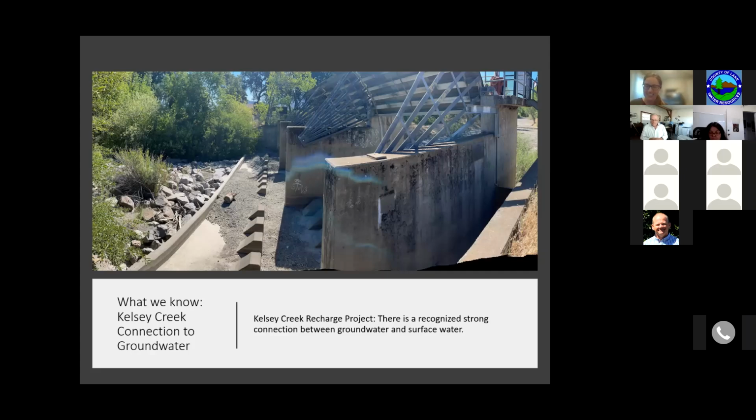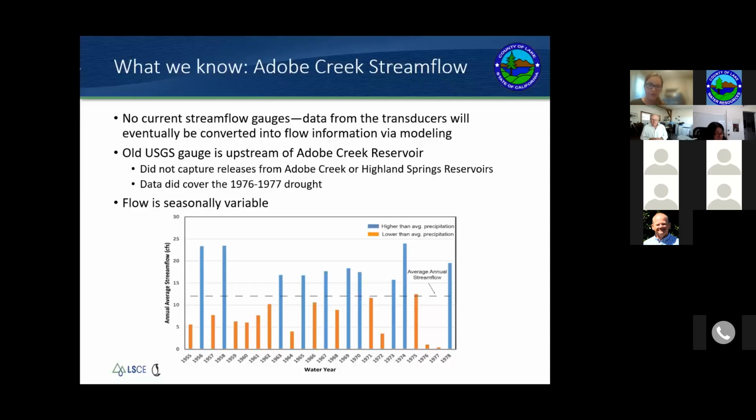Okay, excellent. So then moving on to Adobe Creek. There are no current stream flow gauges. As I mentioned, the USGS gauge is old. It doesn't have current data.